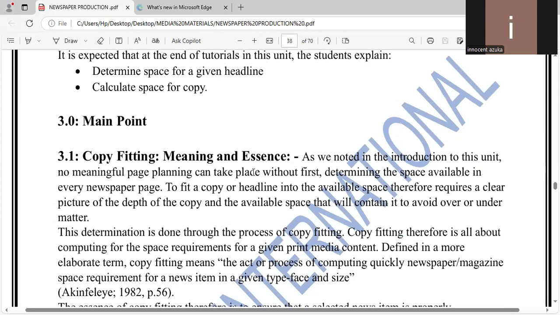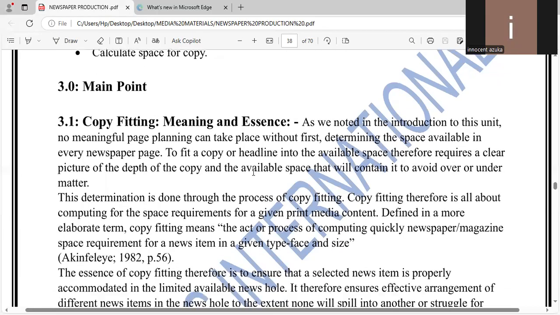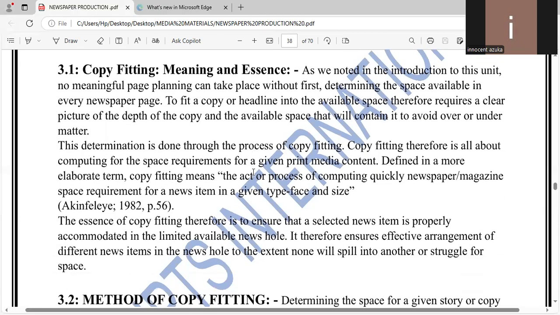As you noted in the introduction of the unit, no meaningful page planning can take place without first determining the space available in every newspaper page. To fit a copy or headline into the available space therefore requires a clear picture of the depth of the copy.